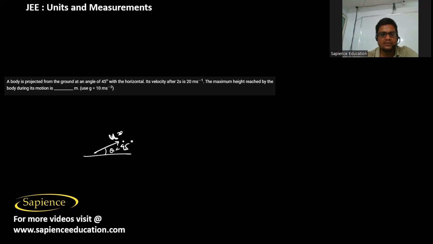Its velocity after 2 seconds is 20 meters per second. So at t equals 2 seconds, its velocity is 20 meters per second. Then the maximum height reached by the body during its motion is dash meters, and g is 10 meters per second square.